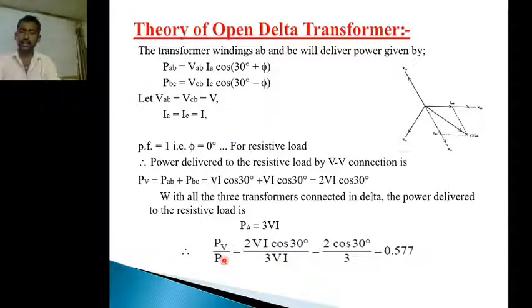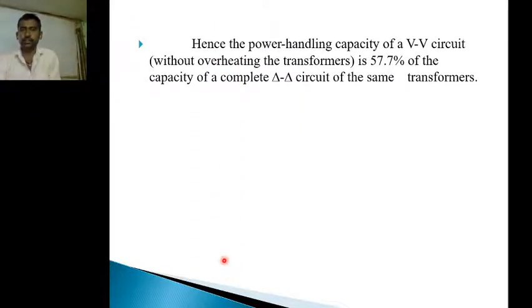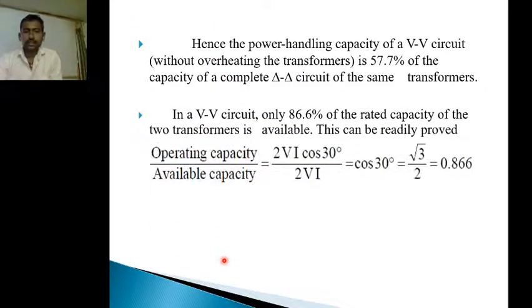Suppose you consider how much power is delivered with two phases: the operating capacity is 2 VI cos 30, and the available capacity is VI for every phase. In the previous case we had 3 VI, but here the available capacity is only two phases, so we write 2 VI only.